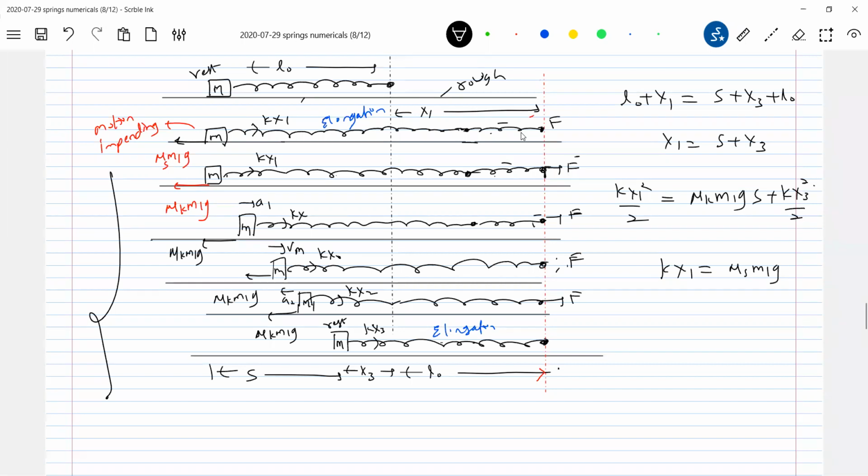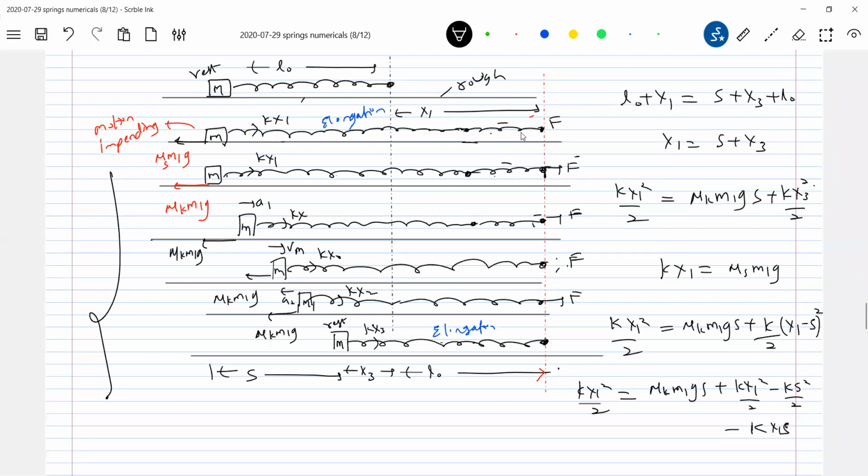So what you can write: x3, kx1 square by 2, mu k m1gs. x3 I can write as x1 minus s, whole square. So kx1 square by 2, mu k m1gs, minus k. So these two will get eliminated. So what will be left over? We have all the information, no? And kx1 you can write from this equation as mu s m1g.